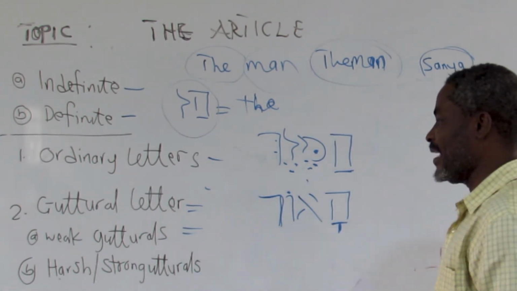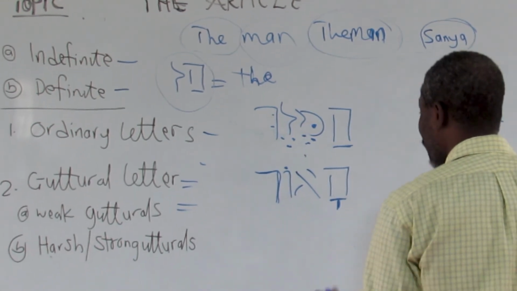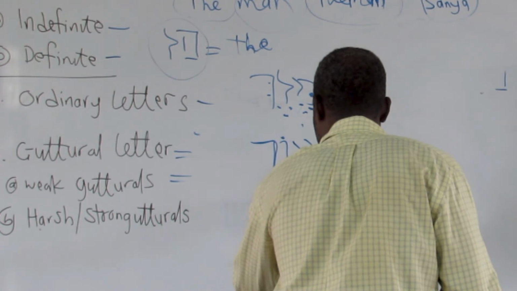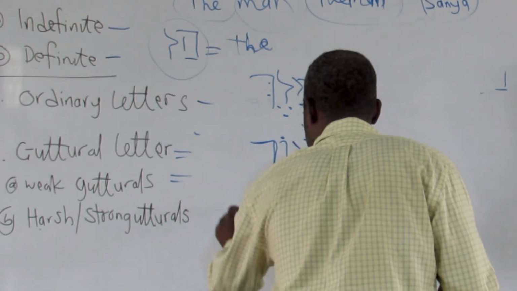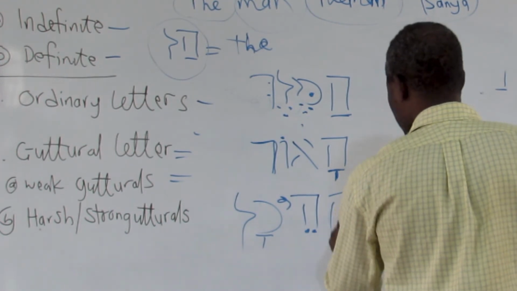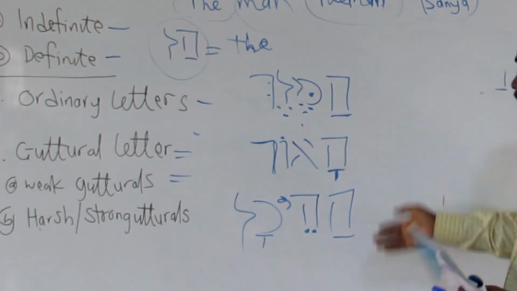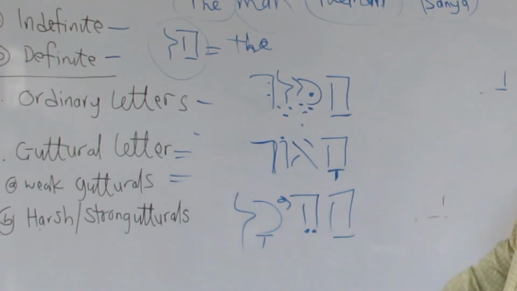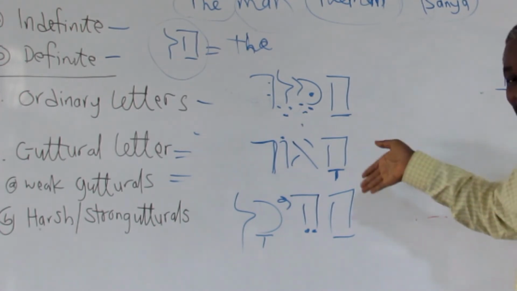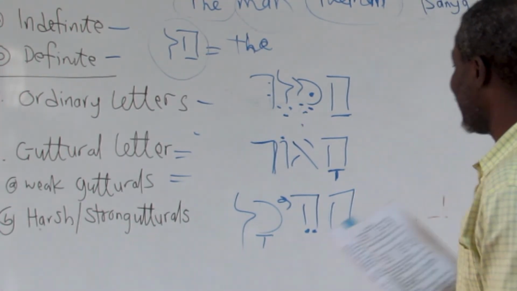And this is applicable only to weak gutturals. But when it comes to harsh gutturals, for example, you have hekhal, you just return to ordinary letter principles, because the harshness indicates that the pata is already long, which is indicated in the harshness of the letter itself.